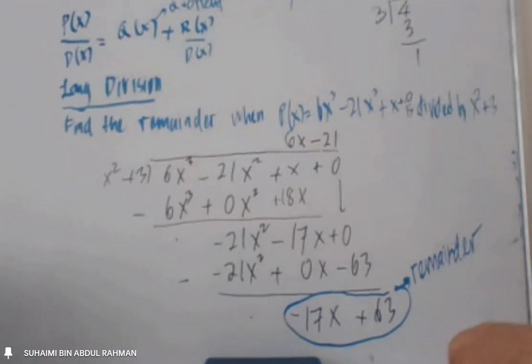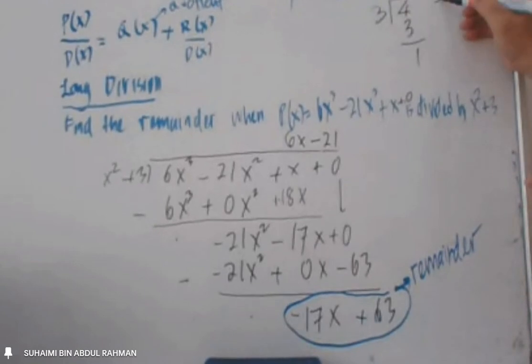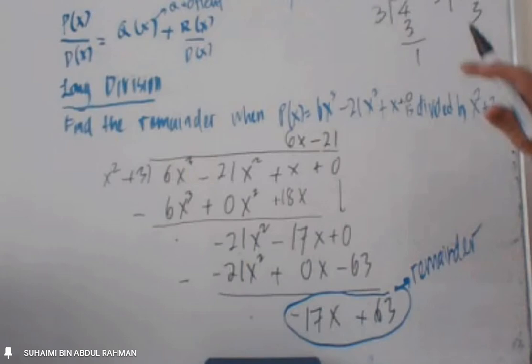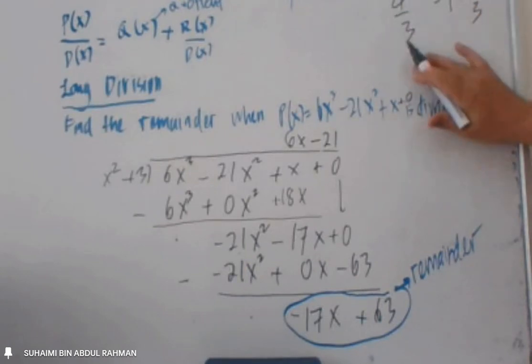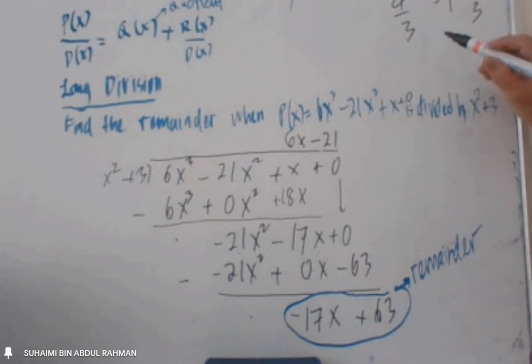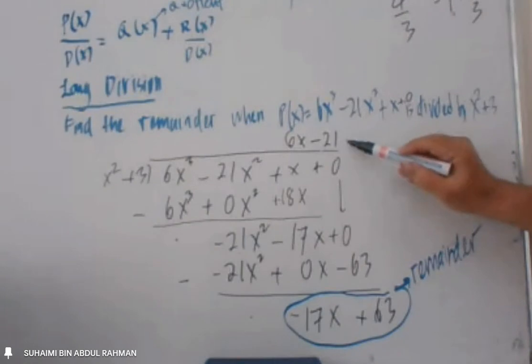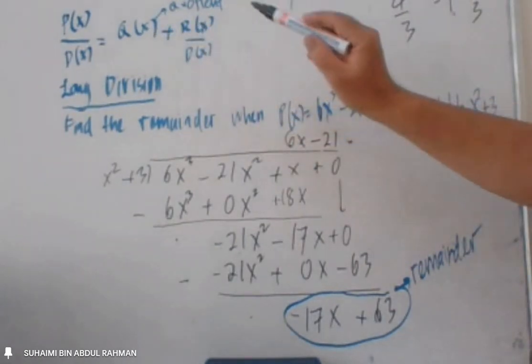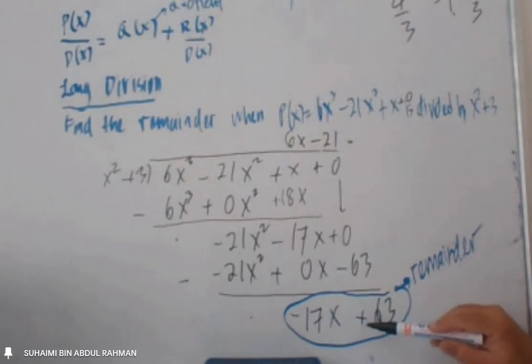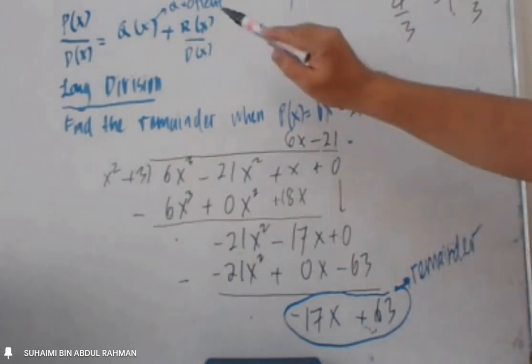This is like 4 divided by 3, which is 1 plus 1 over 3. So the 1 here is the quotient: quotient plus remainder divided by divisor.